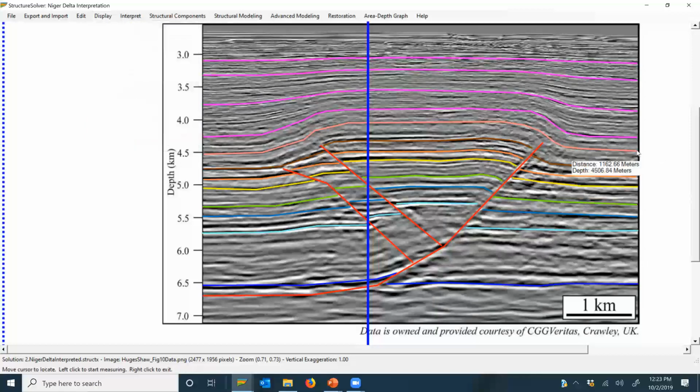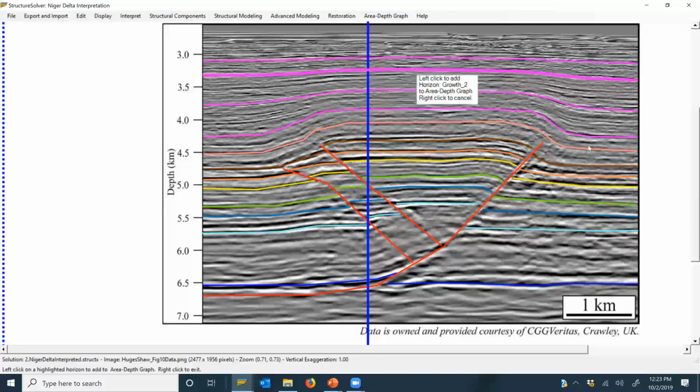So for example here, if we draw a horizontal line across the section for that orange horizon, you can see that those horizons essentially return to the same depth in the footwall as in the hanging wall. And so that in itself generally implies a flat detachment for the structure.